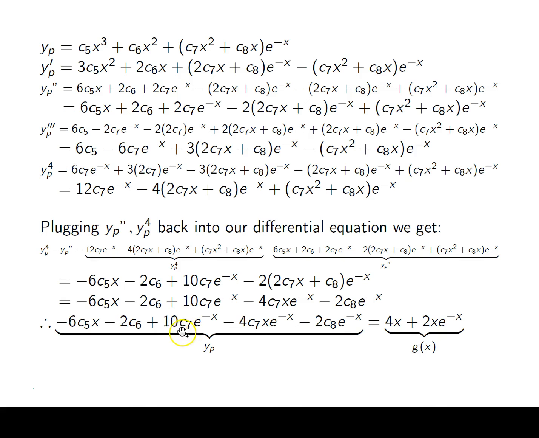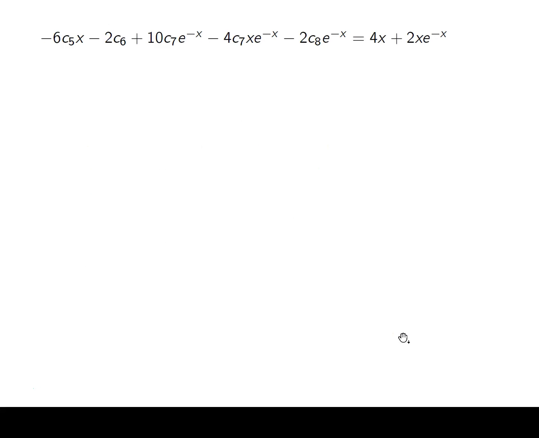Here I have 10 c7 equals e to the -x. Well, there is no just a constant times e to the negative x's, but there is a c7 over here that does show up in this form, right? So I really just have to set up a system of equations based on the coefficients that appear here, okay? So here we go. We're going to rewrite this, right?